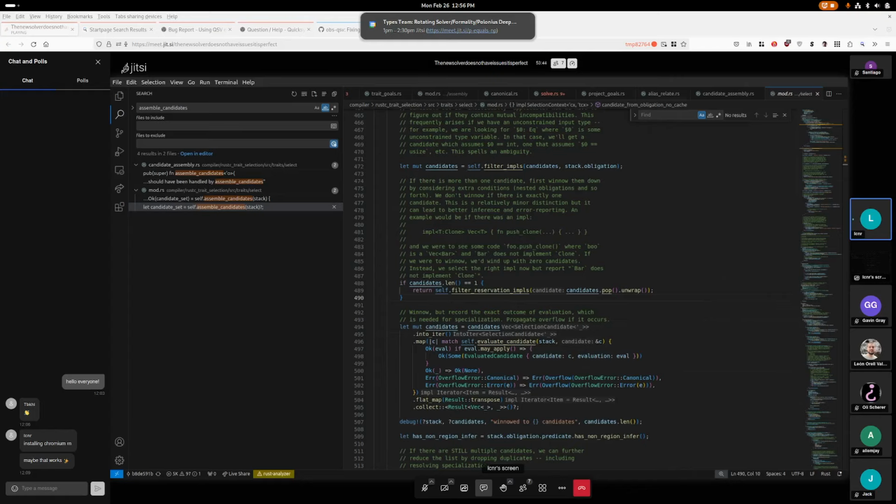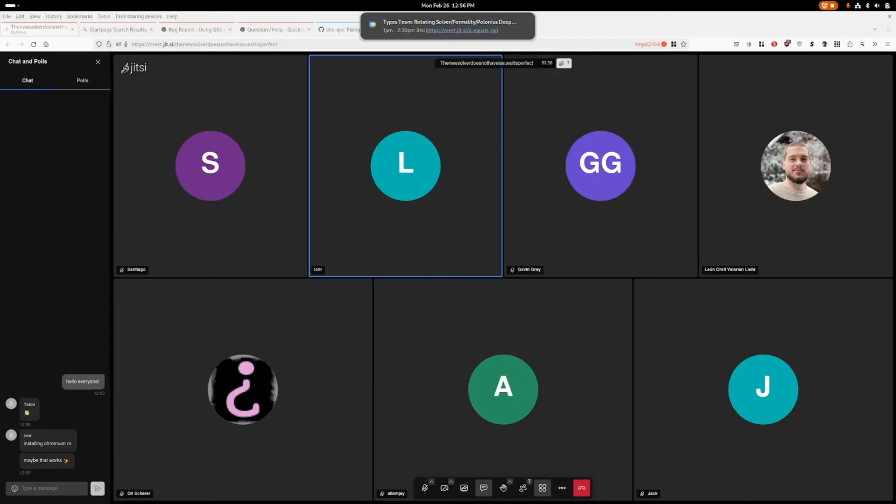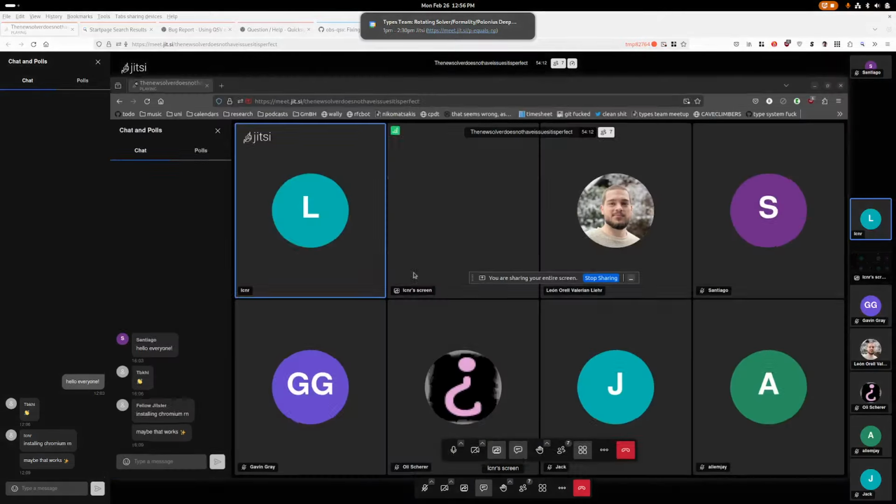I still see VS Code. Then I'm going to stop sharing VS Code and start sharing something else. Share window. I hope it's screen 2. No, it's screen 1.